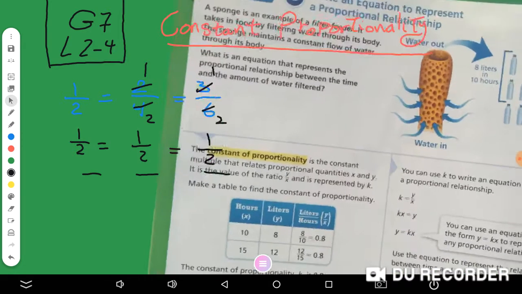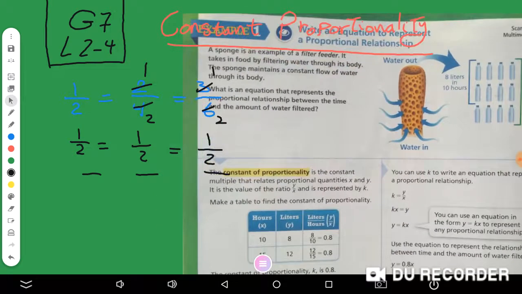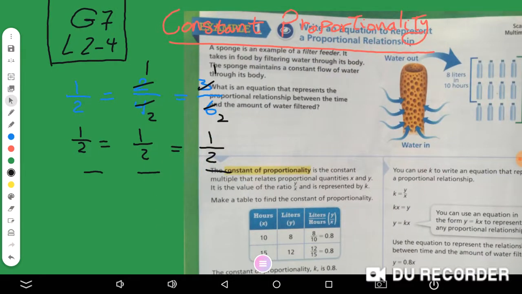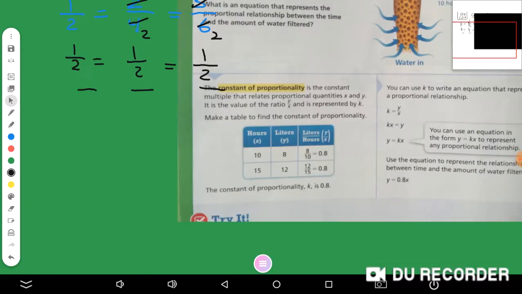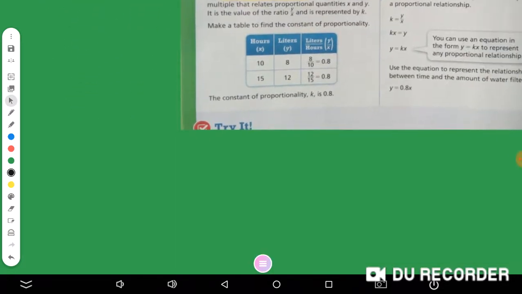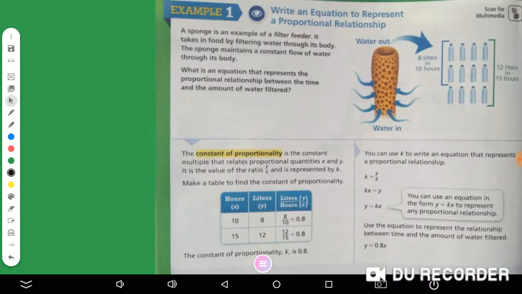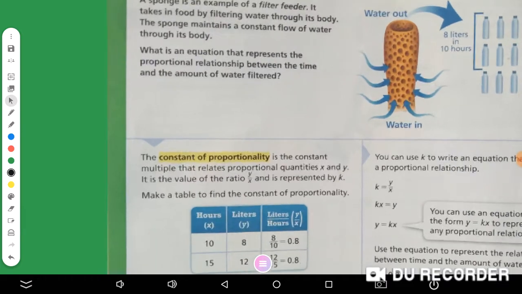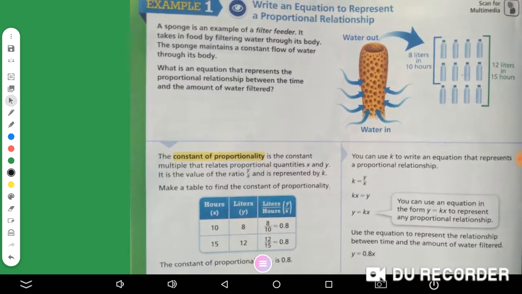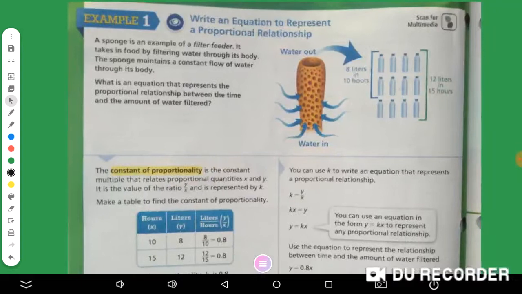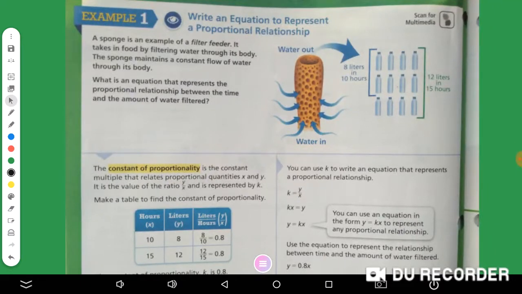A sponge, as you know, is an animal that lives in the water, okay? A sponge is an example of a filter feeder.